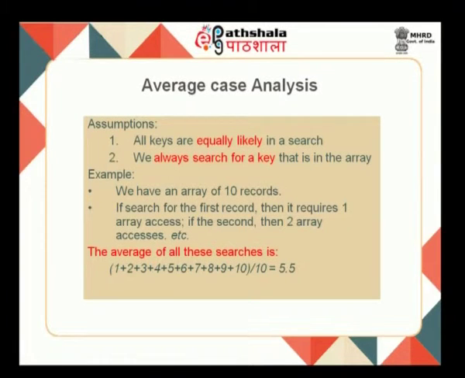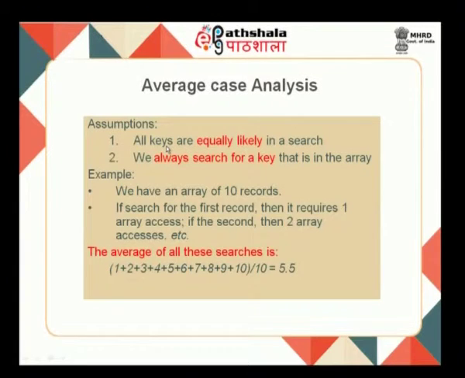Fine. Then what is average case analysis? Average case analysis is the most difficult part of any algorithm analysis, where we are going to say on average how many comparisons are required to find the target. So, we normally require probabilistic analysis for that.